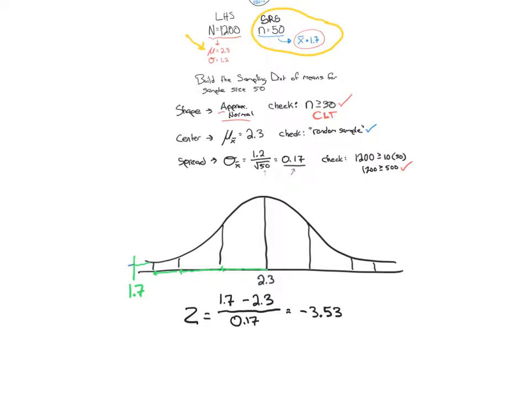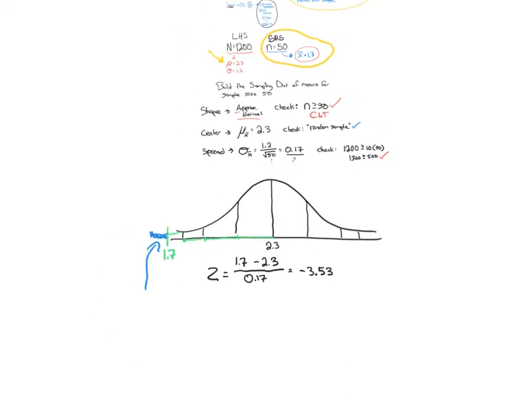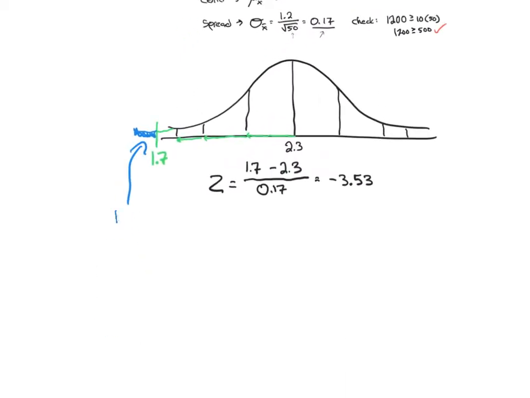So let's calculate probability. How often should I get, remember, because this is theoretical, remember there's a million different samples all underneath this thing, right? That's what this curve is representing.